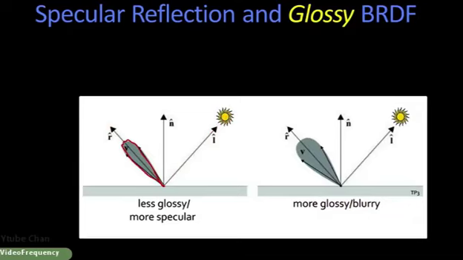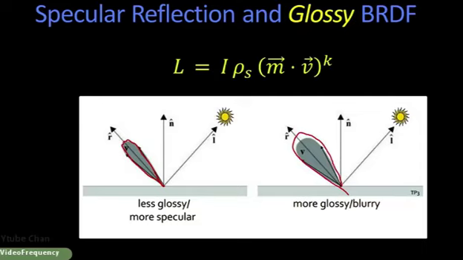And the more gloss, as opposed to specular, the blurrier, I make that lobe a little bit fatter. That's written as this equation, which says that instead of using the delta function, I take the cosine of the angle between them, m dot v, raised to some exponent k.